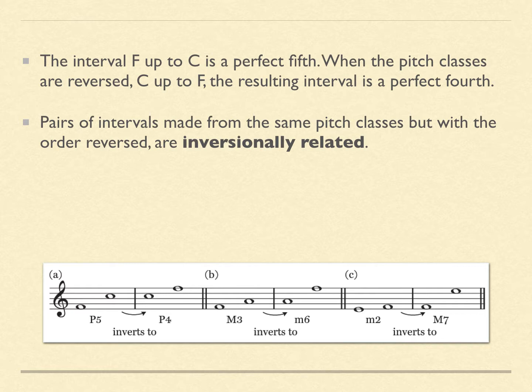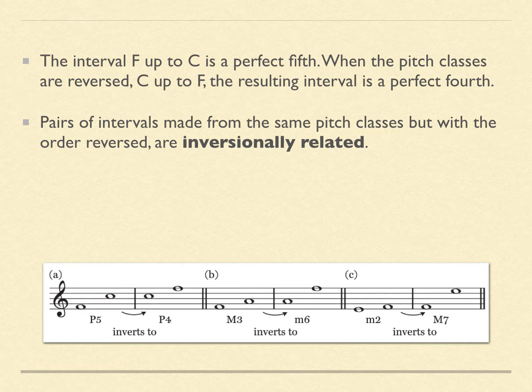So a perfect fifth will invert to a perfect fourth, major third will invert to minor sixth, minor second will invert to major seventh. So probably you can see the pattern here. The two sizes, or the two intervals, will add up to 9. And if you're dealing with minor or major, the quality will be opposite.